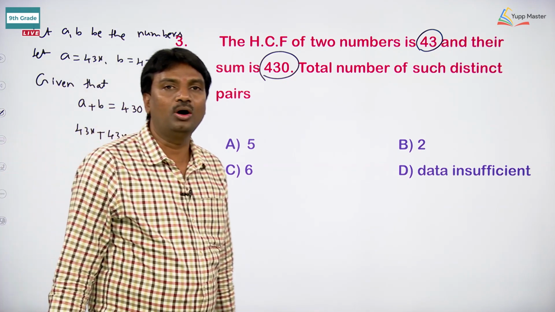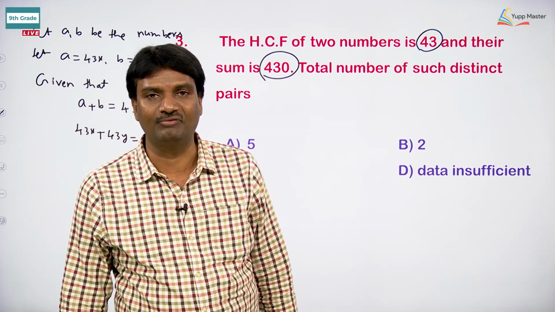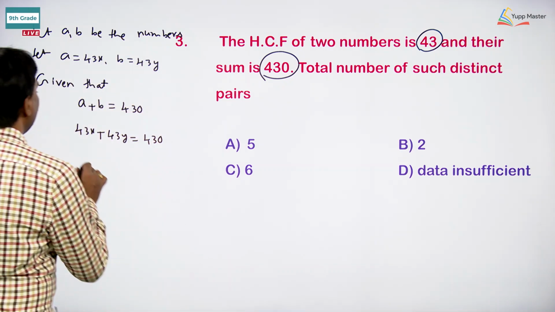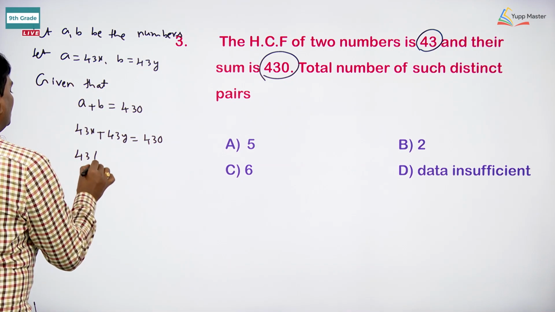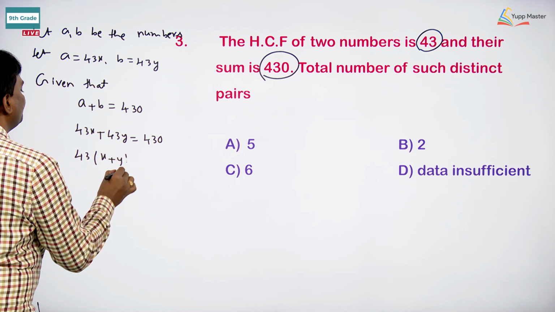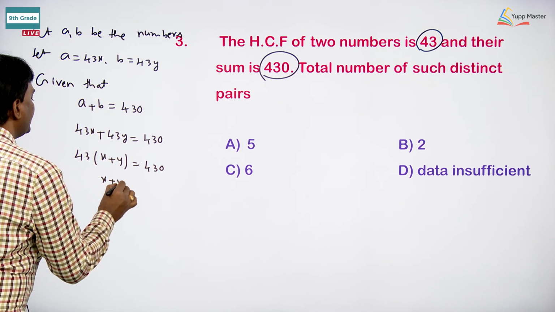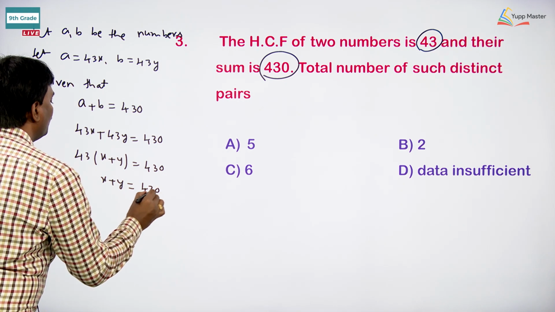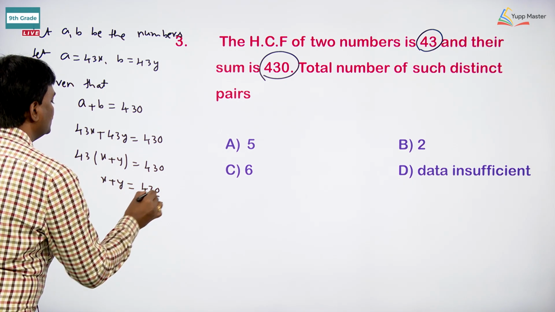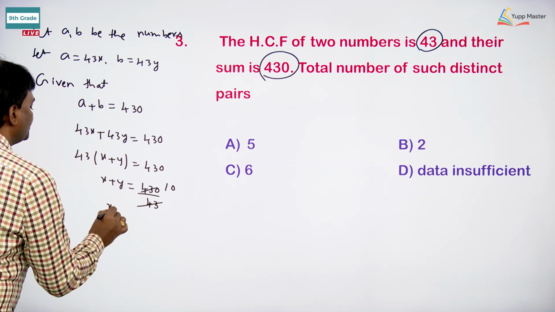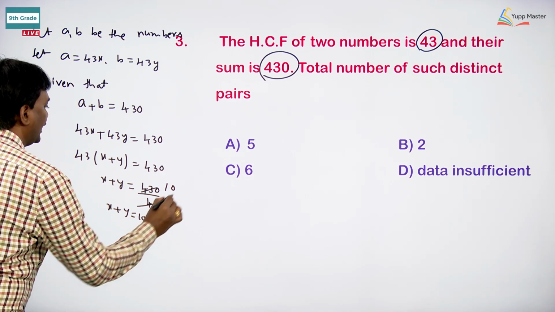In the LHS, we have 43x plus 43y. By taking 43 as common, 43 of x plus y equal to 430. So from this you will get x plus y equal to 430 by 43. So 10 times cancel. So x plus y equal to 10.